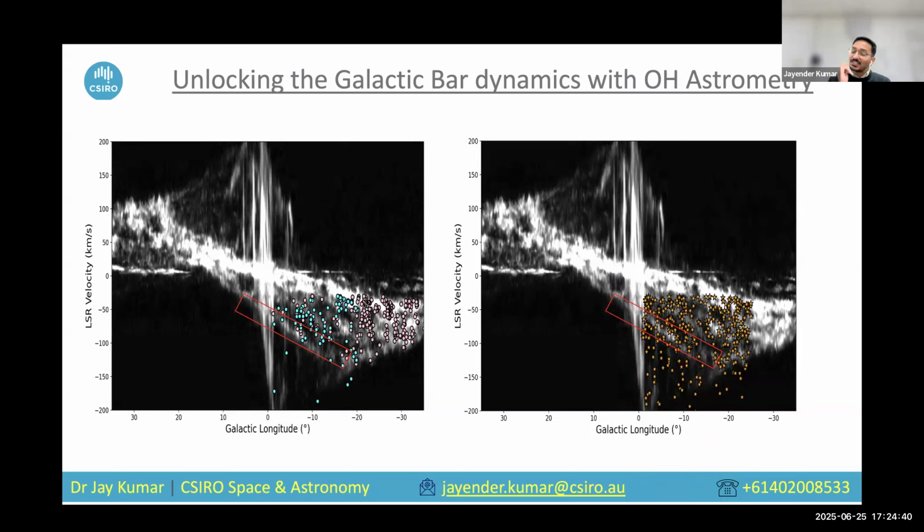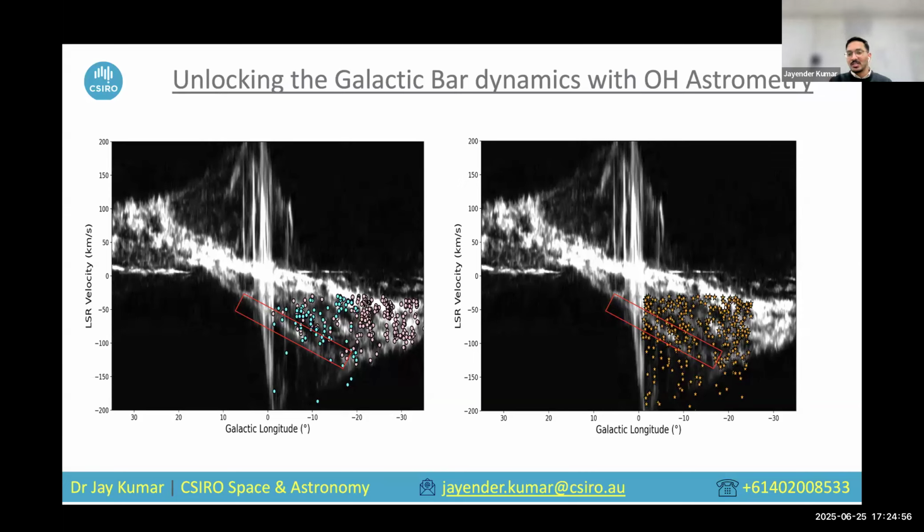So this is the 1665 and 1667 transition lines, because those are the only two which are mostly or exclusively associated with high mass star forming regions. There are rare cases where you see them elsewhere as well.